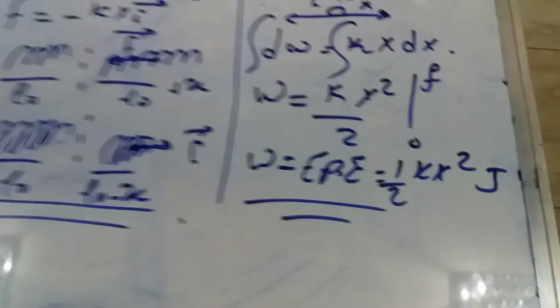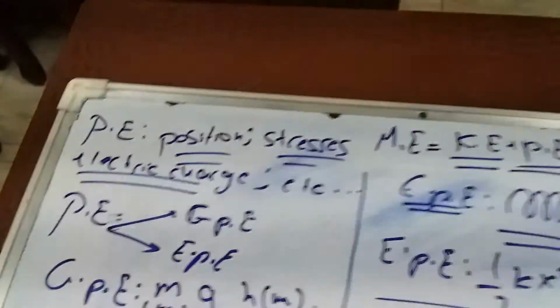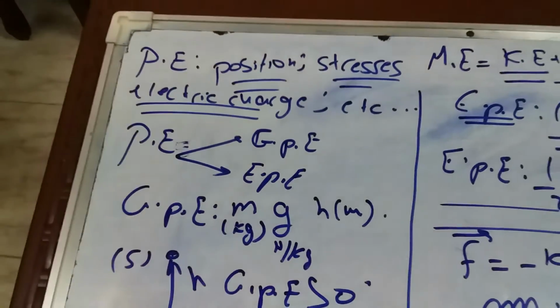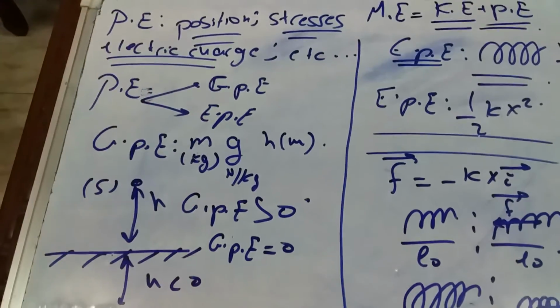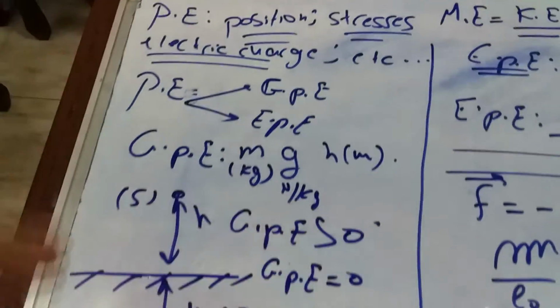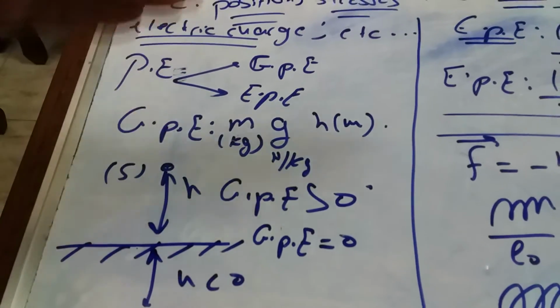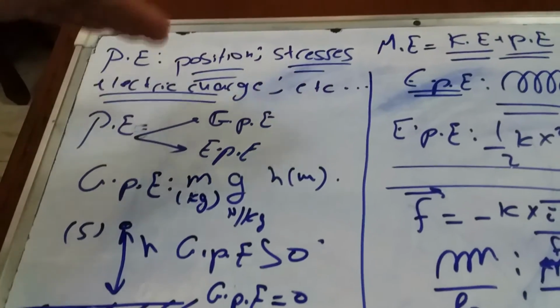Let us make a quick revision of what we have just said. This is the potential energy. It is decomposed into GPE and EPE. GPE is equal to mass times g times h. As h increases, the stored energy GPE increases.